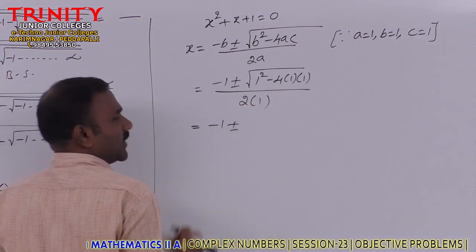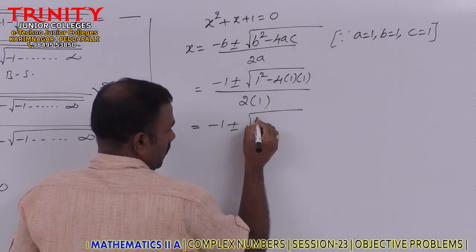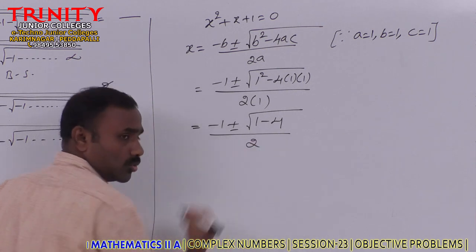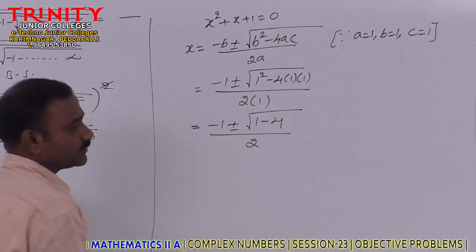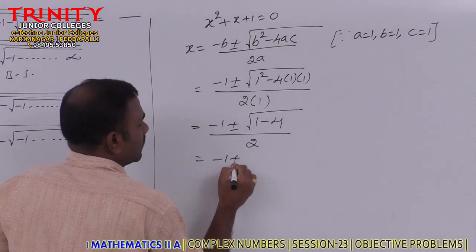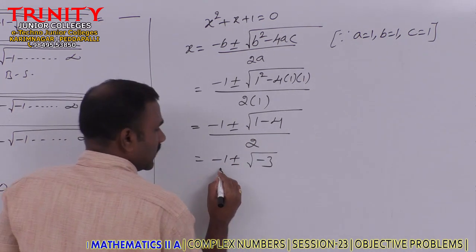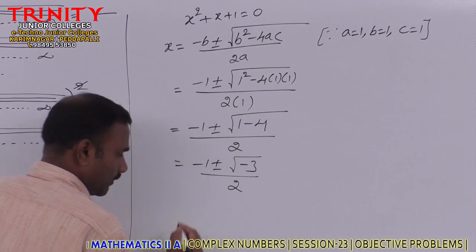That gives minus 1 plus or minus root 1 minus 4 divided by 2, which is minus 1 plus or minus root minus 3 divided by 2.